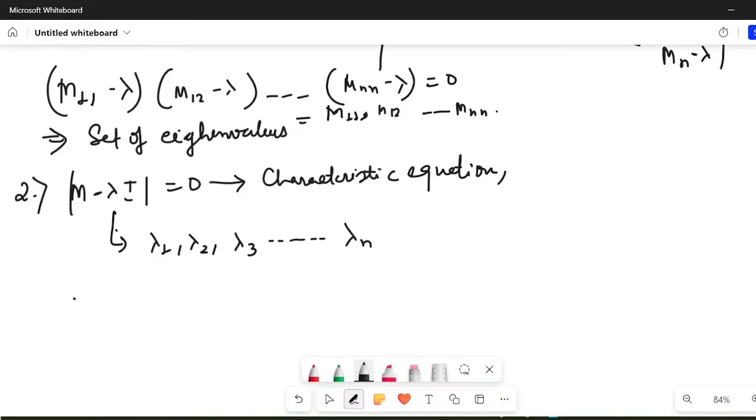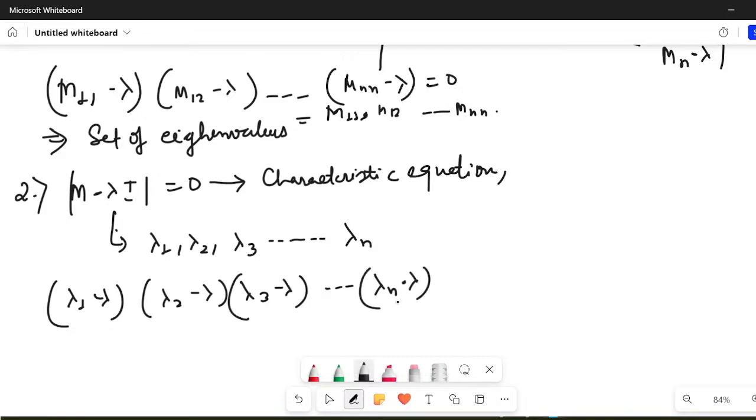I told you that this equation is called the characteristic equation, and this characteristic equation is an equation of degree n. So we are getting an nth degree characteristic equation, right?